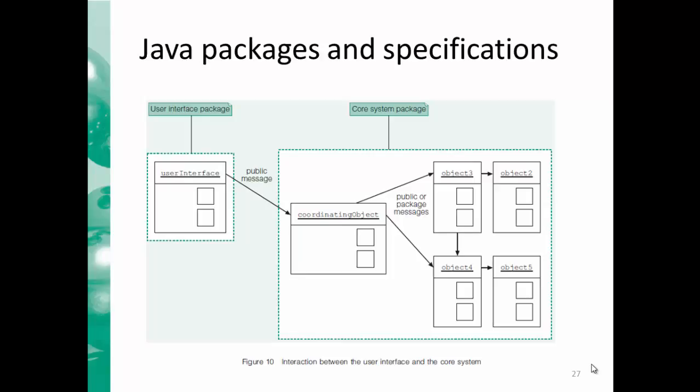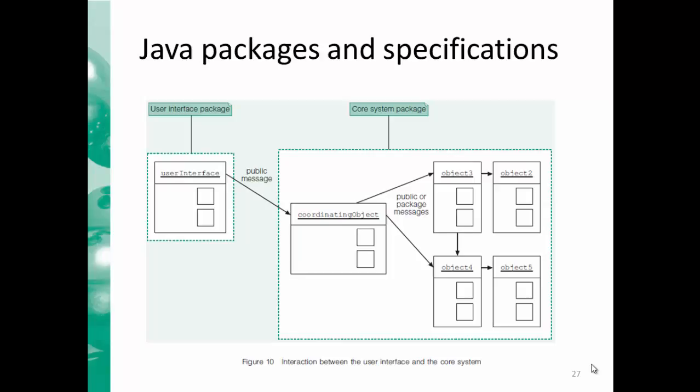The user interface, in this case the object on the left side of the diagram, sends a message to the coordinating object, which is already within the core system. The message will be requesting the core system service.